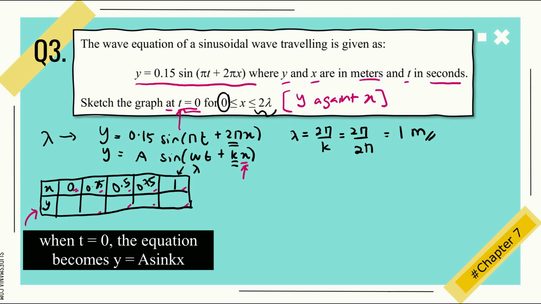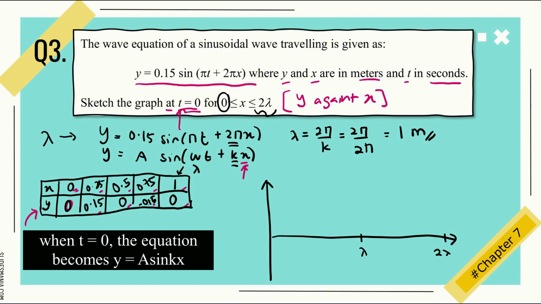When we do the substitution, when x is equal to 0, y is equal to 0. I have calculated for you. When s is equal to 0, y is equal to 0. When s is 0.25, we have 0.15. So we want to plot the graph of y against x for at least 2 lambda.